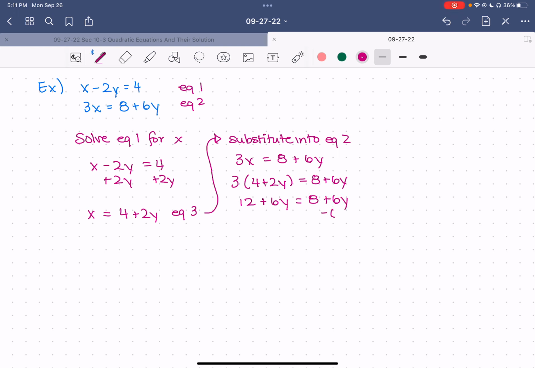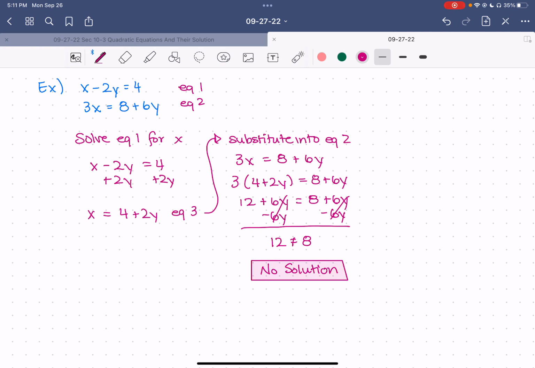And now I will get the y's onto one side. And, oh, wait a minute. They completely cancel out. And I'm left with something that's never true. This can happen. This just means there's no solution. Yay! We don't even have to continue on with this.